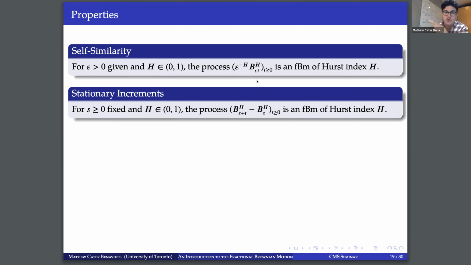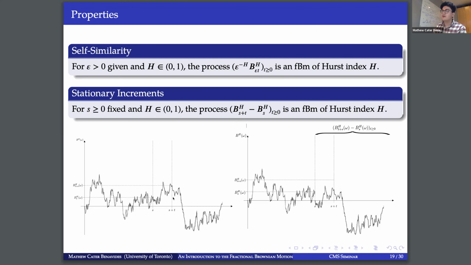To see what this reshifted process looks like, I decided to illustrate it here because I think that'd be easier than me talking about it. We're fixing S, and then we're looking at how much S has grown in t seconds later, if you'd like. That's what B_{t+S} minus B_S is going to signify at any time t.